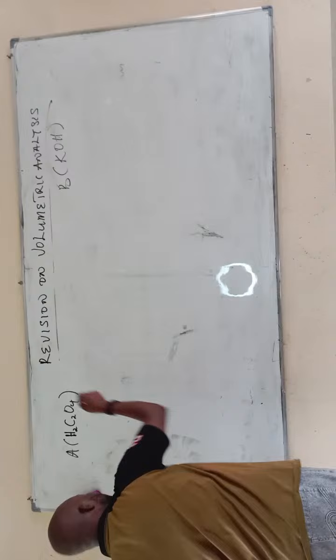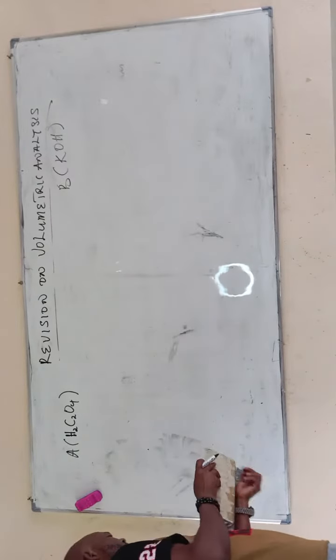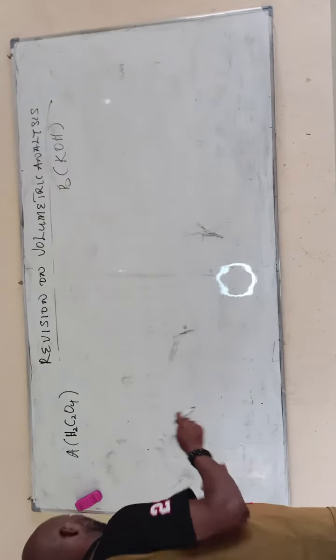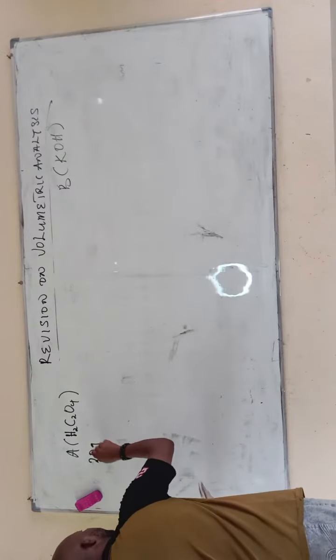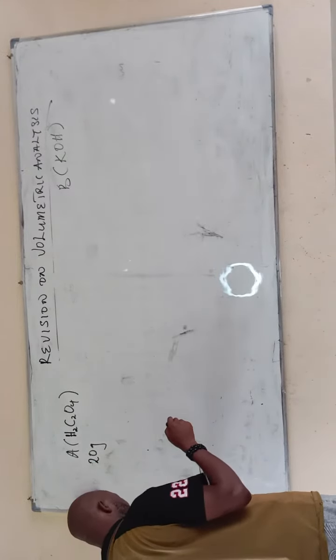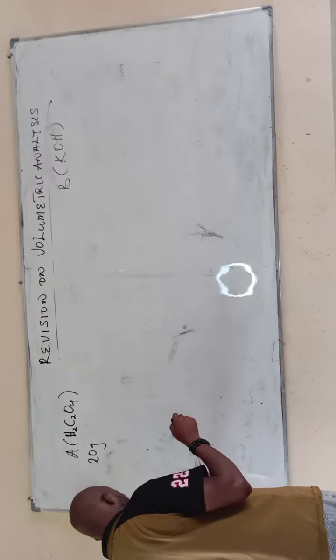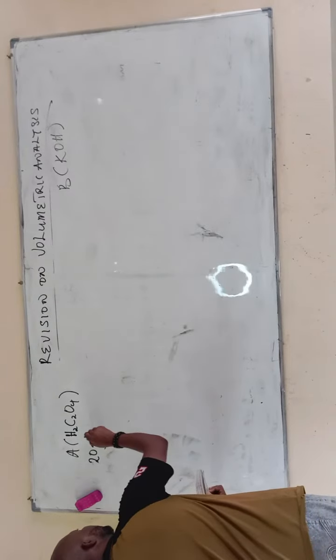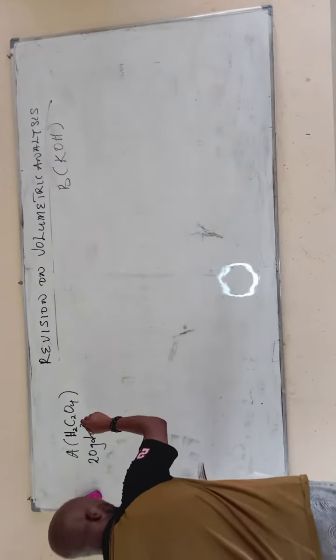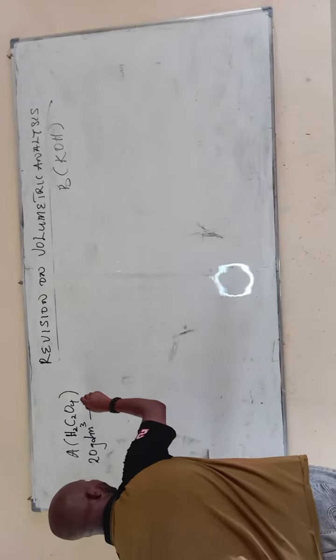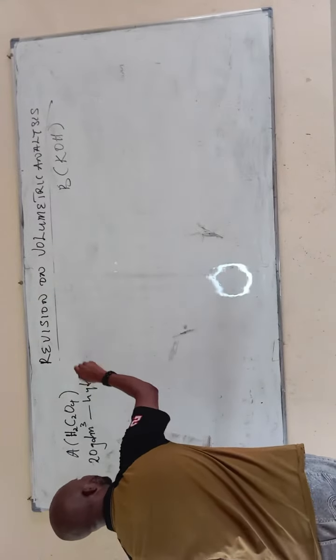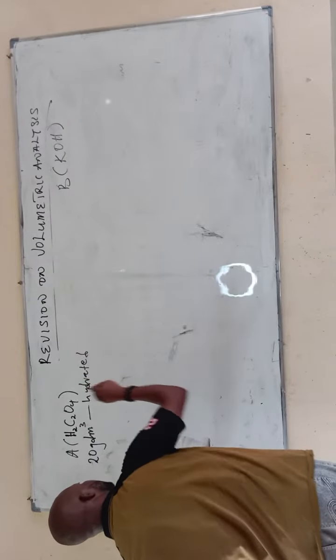It says crystals. 20 grams of the crystals in 1 dm cube. So 20 g per dm cube of crystals. That is hydrated. I will explain that in just a minute.